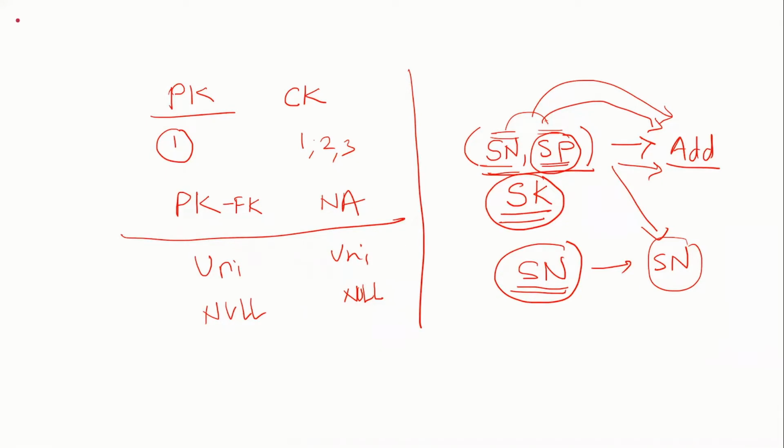Because when it contains more than one column, the column other than the primary key column may contain duplicate values. Similarly, a primary key does not represent a null value, but a foreign key that consists of more than one column may contain null values. Clear? Understood?